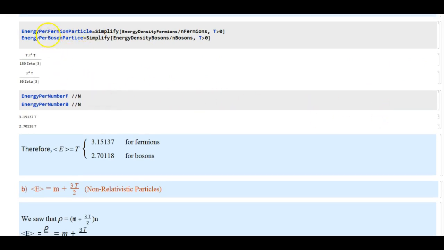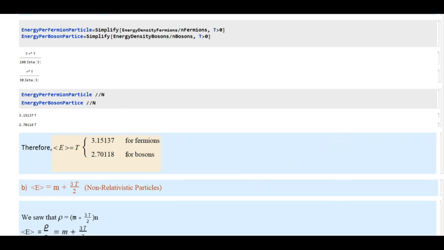If you want to see the numbers, you need to call the function N, and it will give you the numeric value of whatever you get here. So the energy per particle in the relativistic regime is this for fermions and this for bosons.